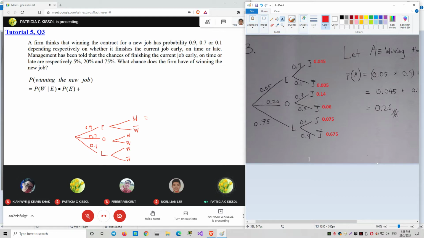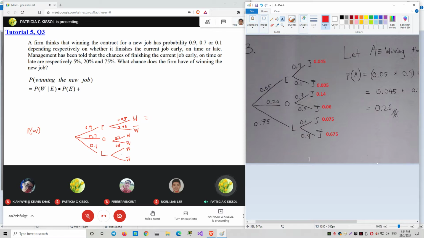Different events can be done because this is a Bayes theorem kind of formula. So we want to find the probability of winning, probability of W. So W means everything that ends with a W. So for early it would be 0.05 here, and then 0.95 here. And then for on time, it would be 0.2 and 0.8.